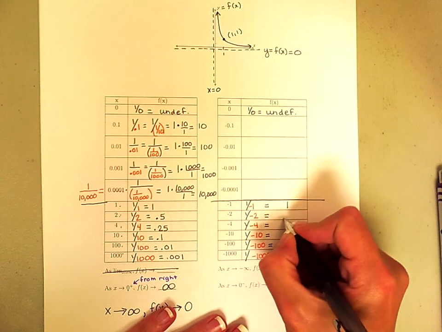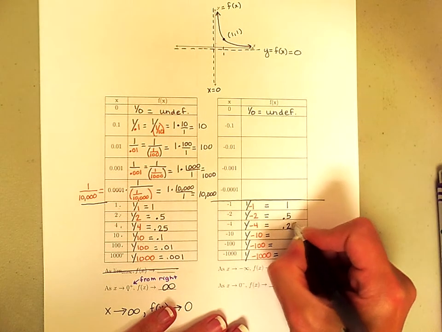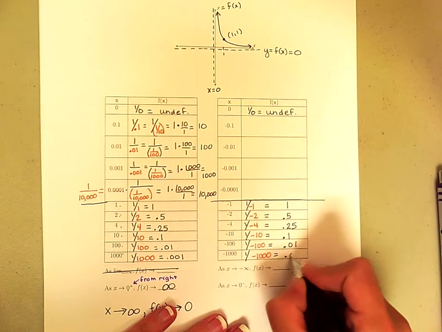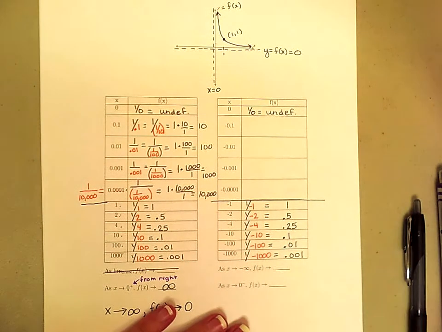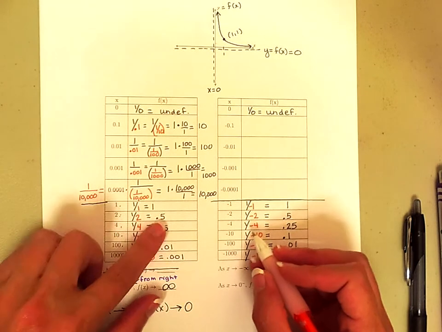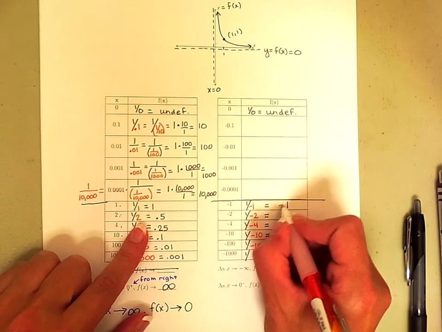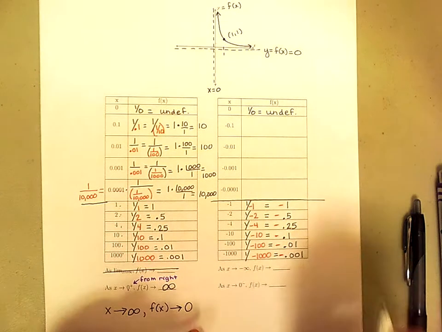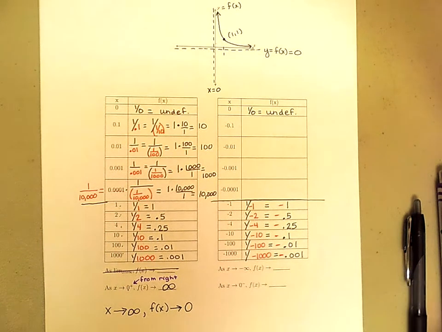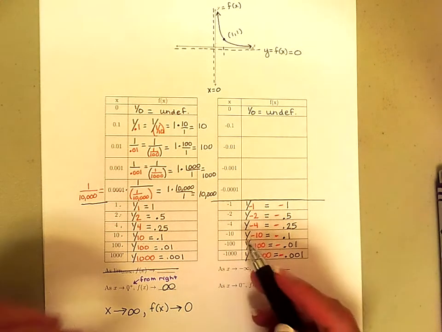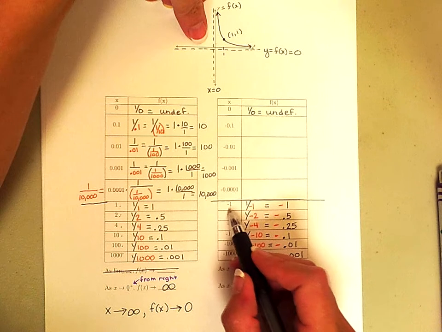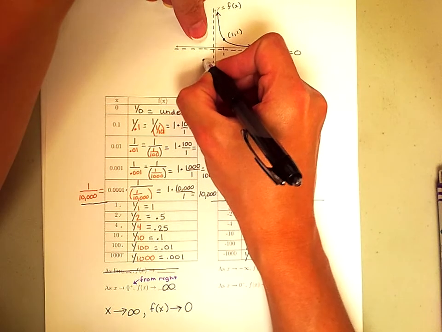Again, we would have 1, 0.5, 0.25, 0.10, 0.01, 0.001. These are the same values we have here, but the difference is these are negatives. So in that case, we have a corresponding point, negative 1, negative 1. Let's label that here.